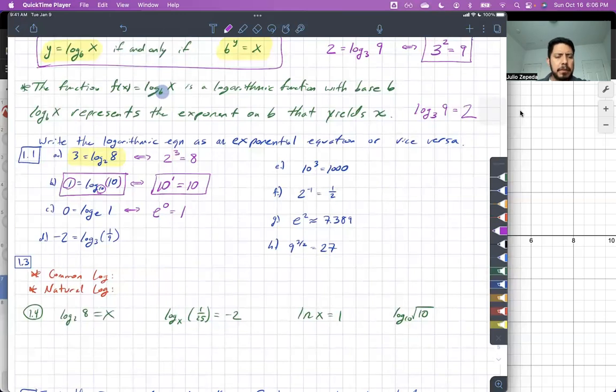And then the last one for the logarithms is, okay, we want to write this logarithmic equation in terms of an exponential equation. Before I give the answer to this, I would strongly recommend you pause the video and try it yourself, because being able to switch between a logarithmic equation and an exponential equation is very important for this section.